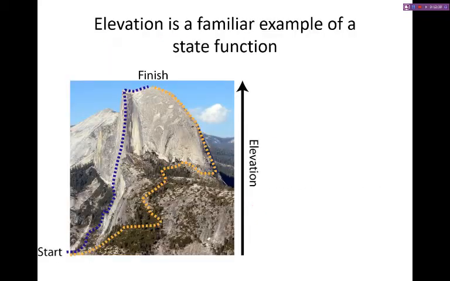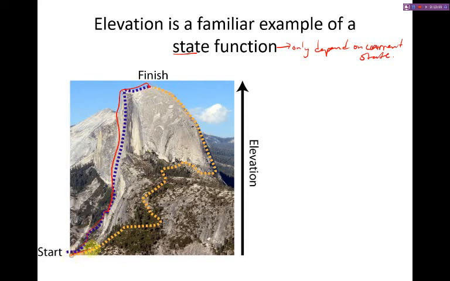Let me give you a macroscopic or a real-world, more concrete example of a state function, and that's elevation. So as I said before, state functions only depend on your current state. Hence the term state function. And elevation is one example of that. If we start here at the bottom of this path, and we climb like a mountain goat up this mountain, go up to the top, we end right here.